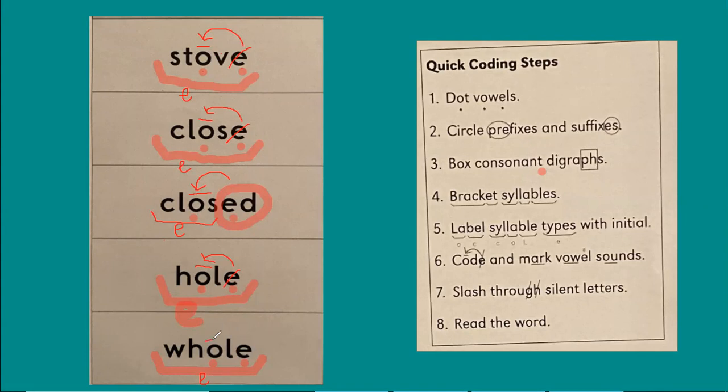Label our vowel sounds and magic E, arrow over. And then the last one, this is one we haven't really got to, is slash through silent letters. So when we read this word whole, this W is silent. So we're going to put a line through that.